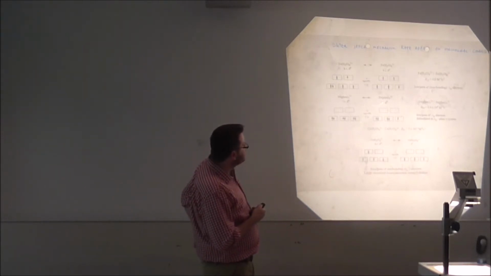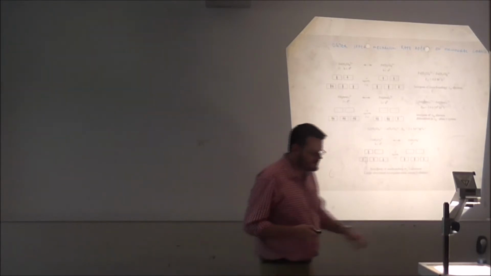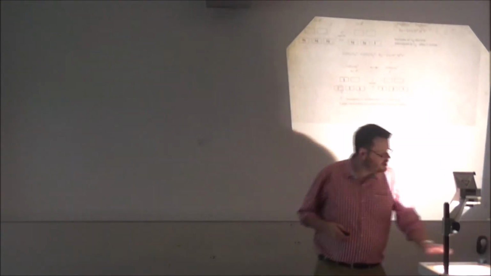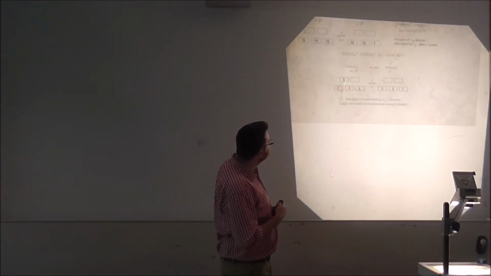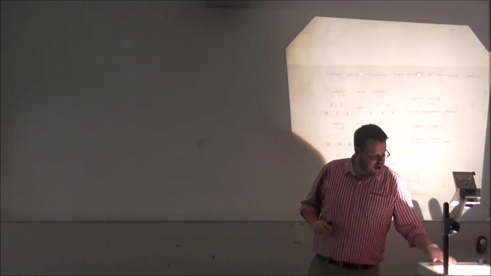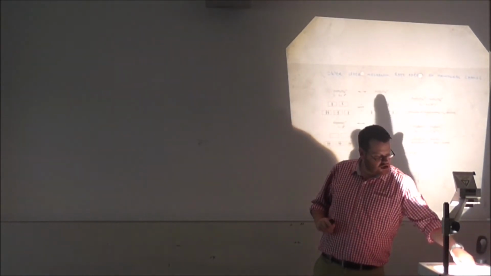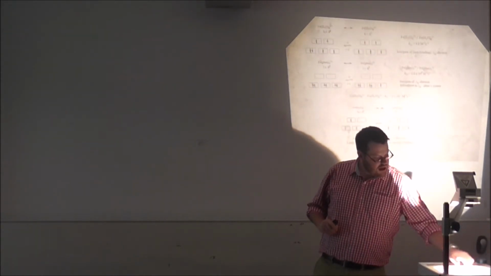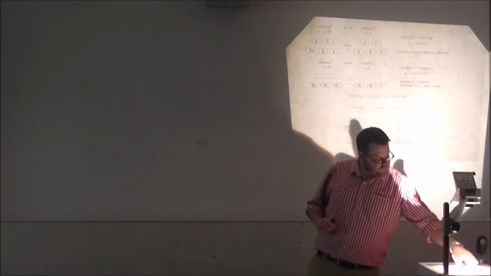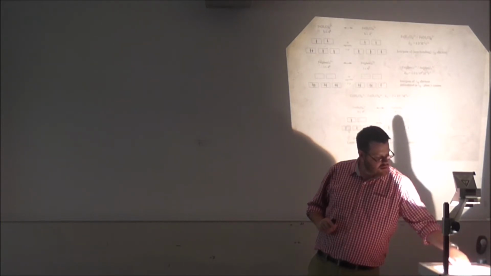If I now take, for example, this complex down here, chromium hexa-aqua 2 plus, chromium 3 plus, this process over here has a rate constant of 10 to the minus 5, so several orders of magnitude lower. Then they exchange between an iron 2 and an iron 3. Iron 2, iron 3, rate constant 4, forget this one in the middle for the moment, and chromium 2 and chromium 3.